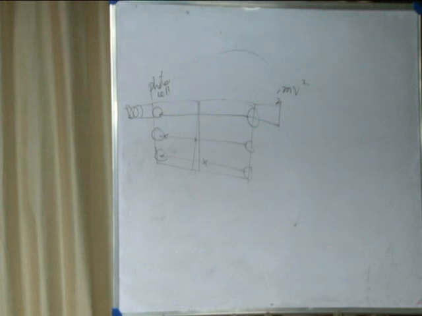Now they are using this photocell technology. Even nowadays if you go to a bank, at the counter you have money counting machines, where photocells are used to count the notes and all that.